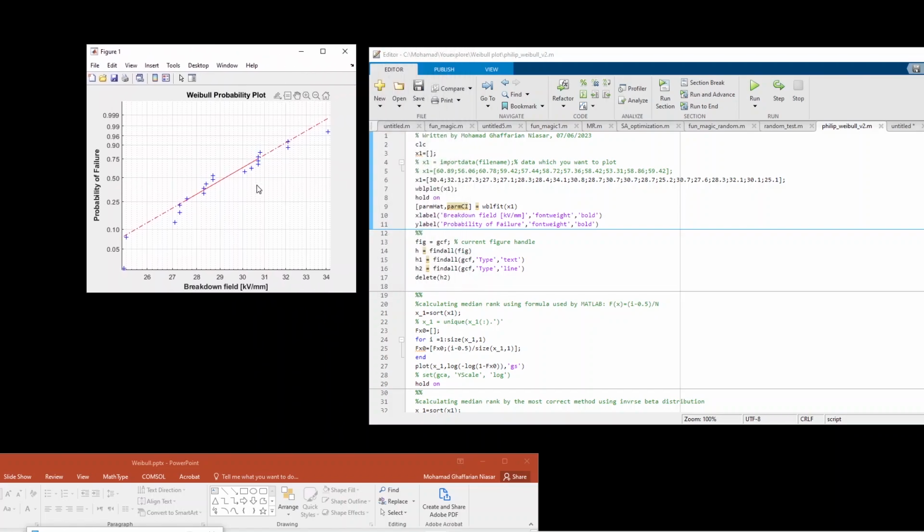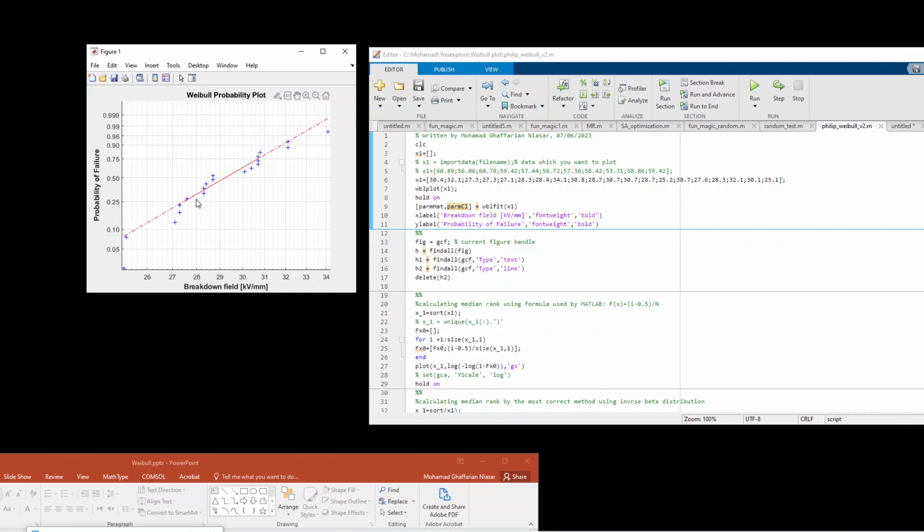Now, how does MATLAB make this graph? Basically, you have the data. MATLAB assigns the median rank. We will discuss it. And after that, it creates this plot. It connects the first quartile of the data to the third quartile of the data. That creates the solid line. And then it extends the solid line, which creates the dashed line.